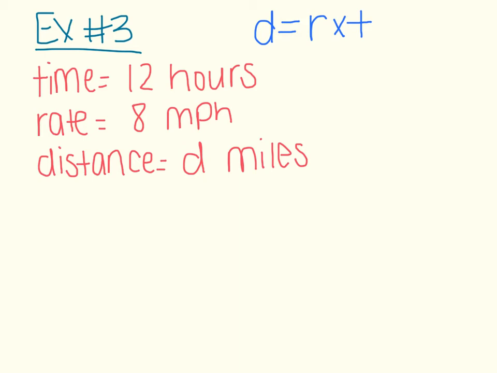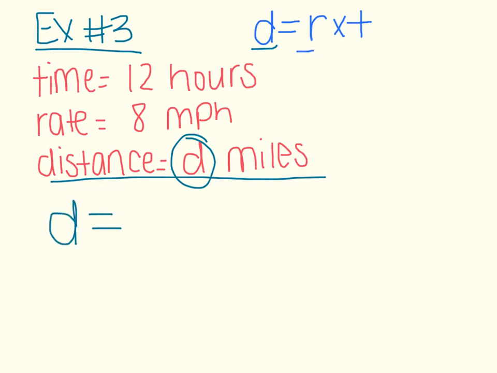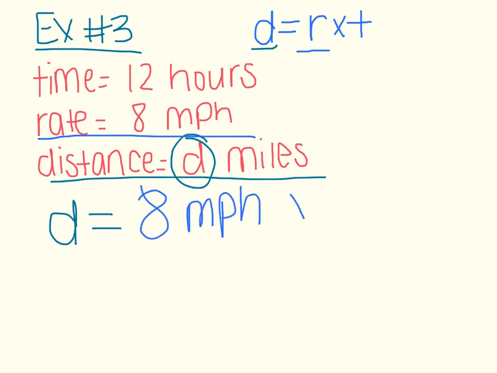Example number 3, we start with the D, which we don't know in this problem. Then we move on to the R, which is 8 miles per hour, times the T, which is 12 hours.